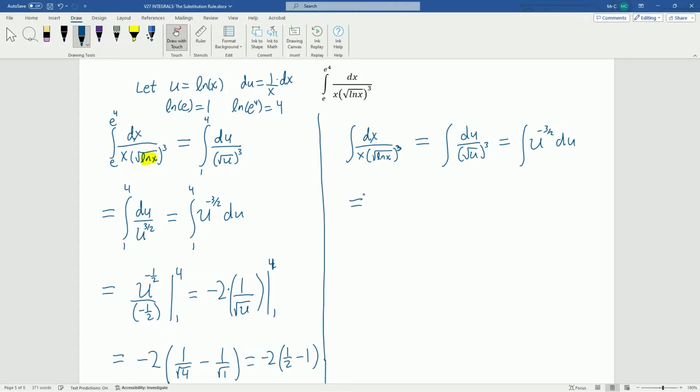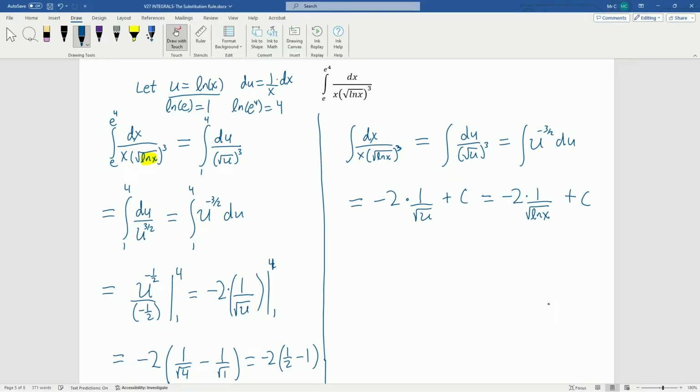And when we take our antiderivative, we're going to get the same thing. So again, I'm going to skip a little bit there. I'm going to get -2 times 1 over the square root of u plus c. But this time, I'm going to substitute back to my original variable, u equals ln of x. So I get -2 times 1 over the square root of ln of x plus c.